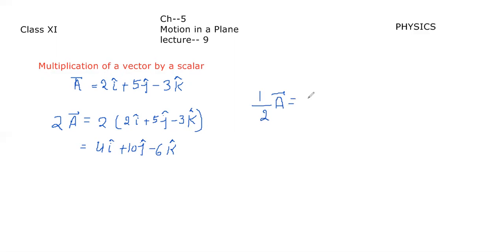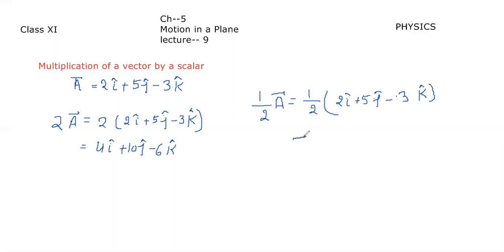Suppose in this question we want to calculate 1 by 2 A. So this is 1 by 2 into A vector, which is 2i cap plus 5j cap minus 3k.